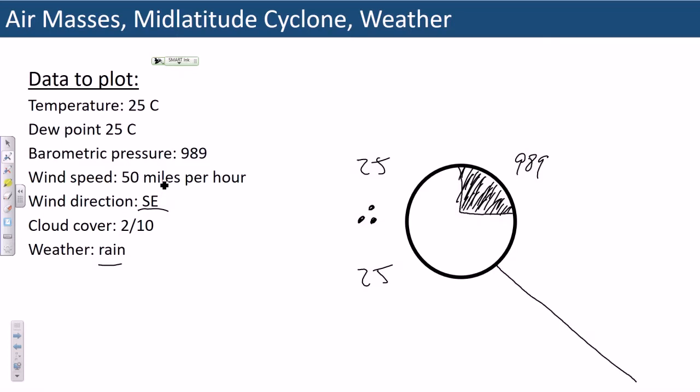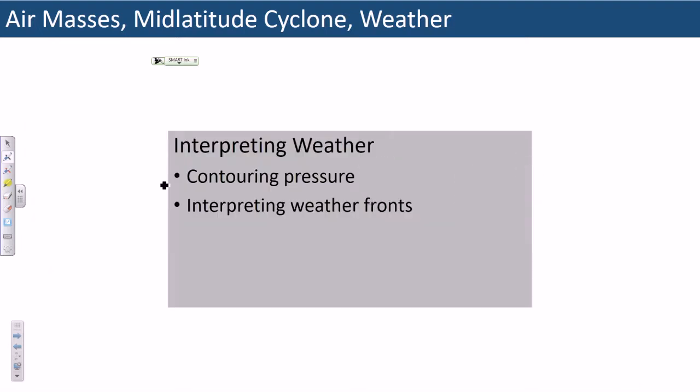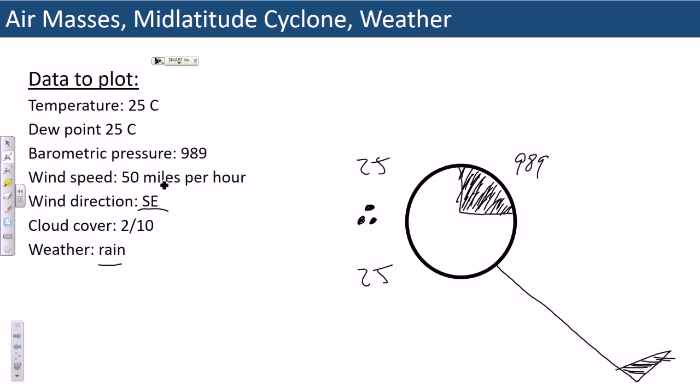And now I need 50, and that's going to be one of these flags. Okay, so that's a pretty fast wind with rain, cloud cover, and temperature and dew point temperature identical. Okay, so that's how we go about plotting up some of our weather data.